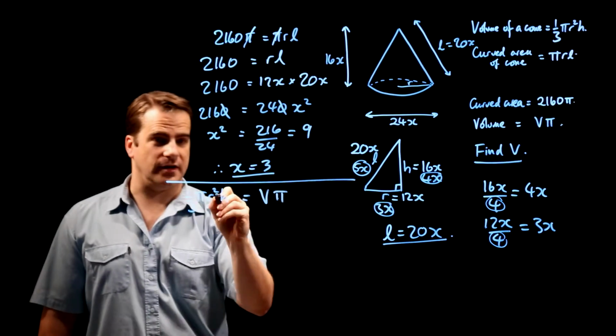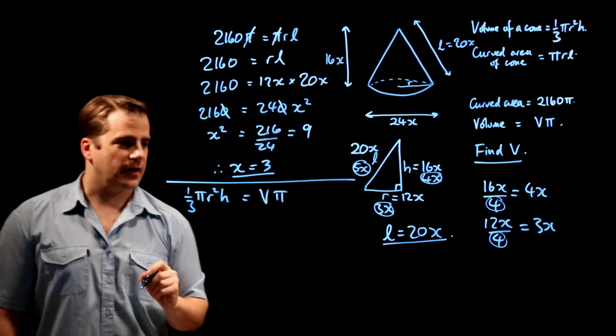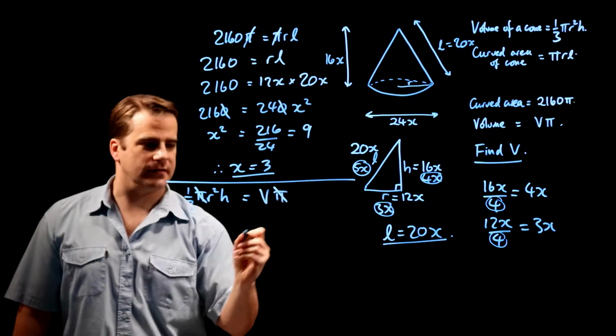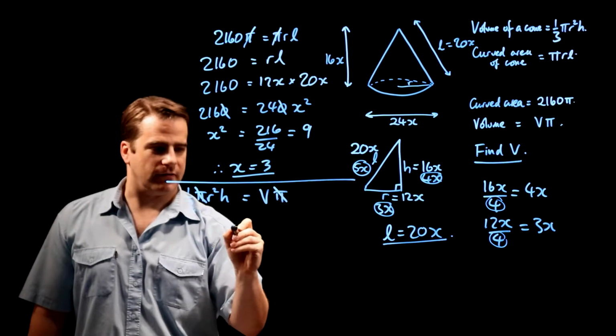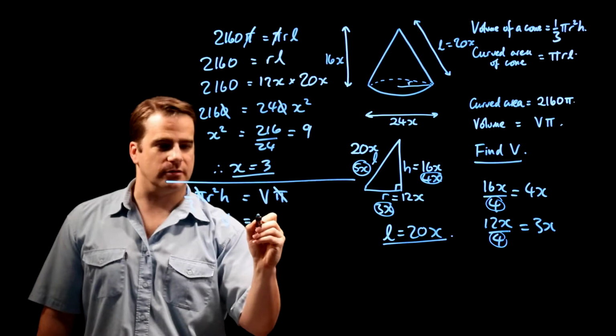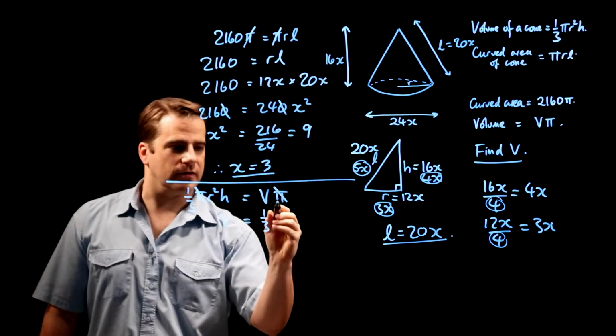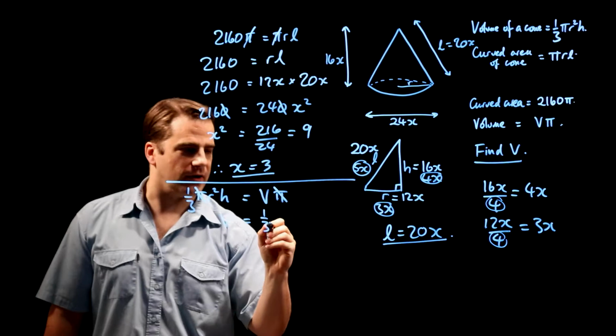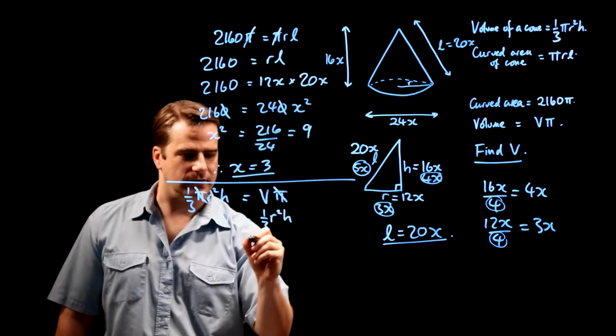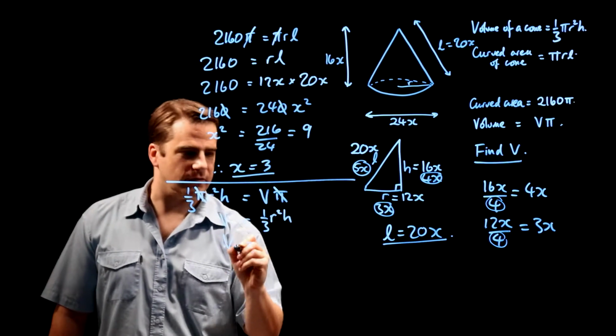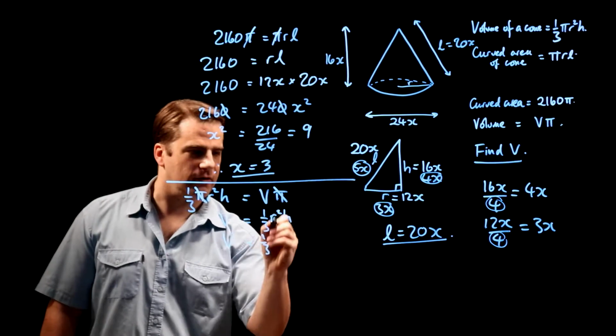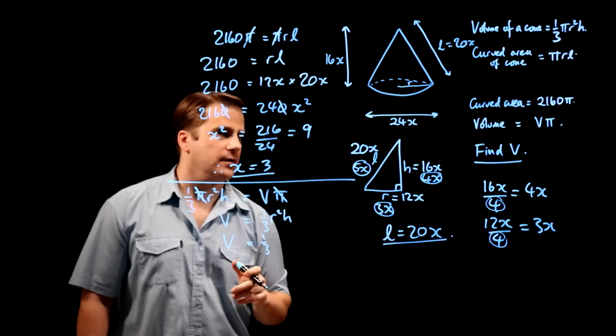And we have to find V. Cancel the pi's, write it the other way around, therefore V is equal to 1/3 r squared h.